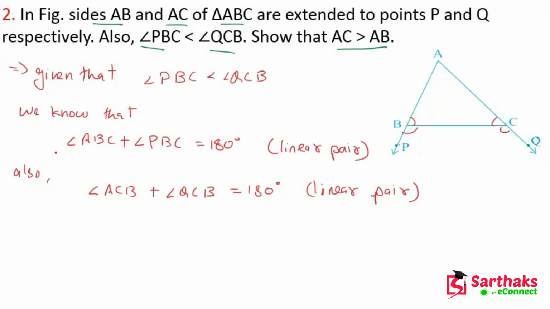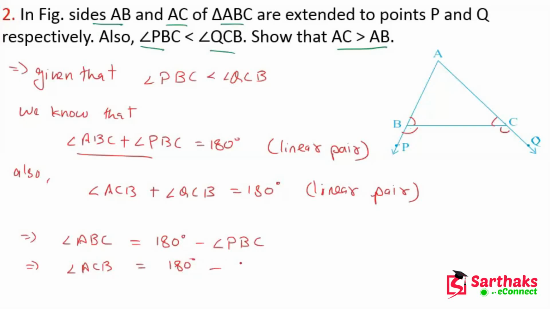So from the first equation, we can write angle ABC is equal to 180 degrees minus angle PBC. And angle ACB is equal to 180 degrees minus angle QCB.